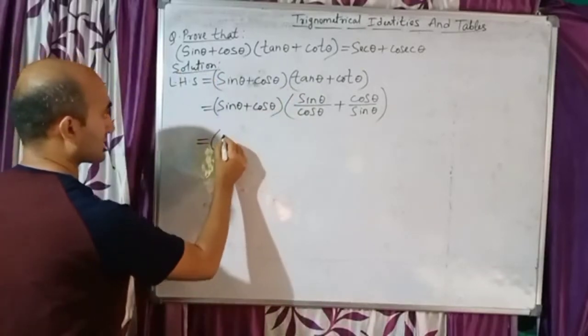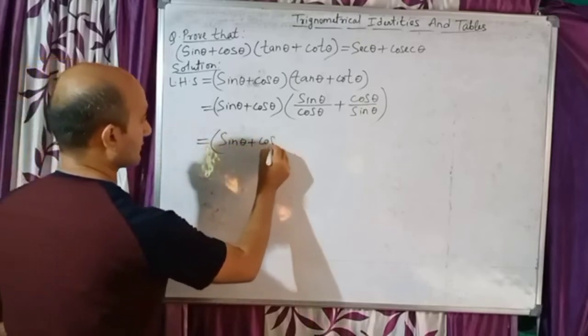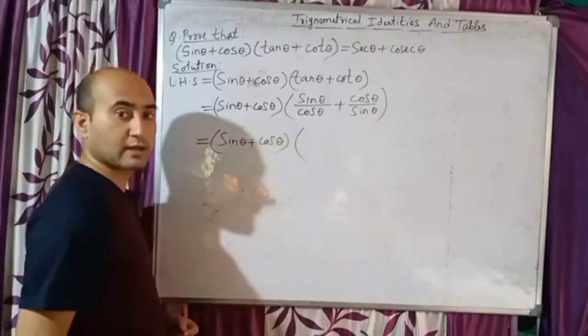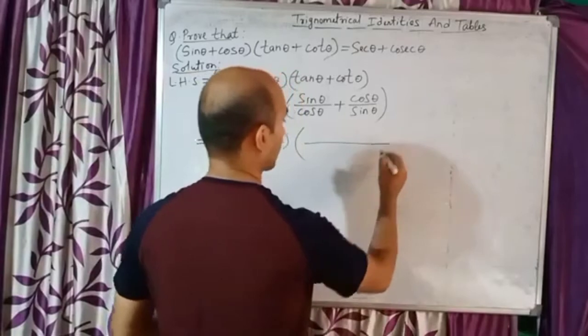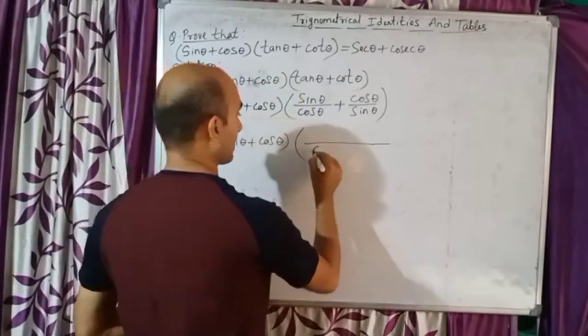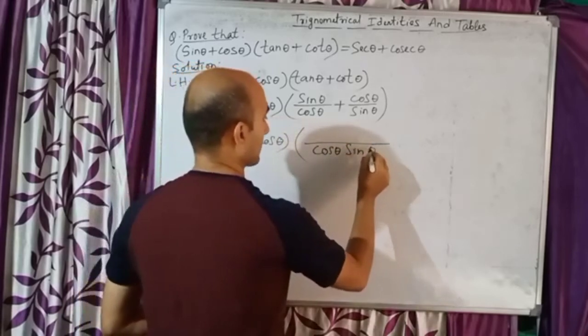Now write the first one the same: sine theta plus cos theta. Here you do the LCM to add it, because fractional numbers can be added by doing LCM. So my LCM will be cos theta sine theta, both of them.